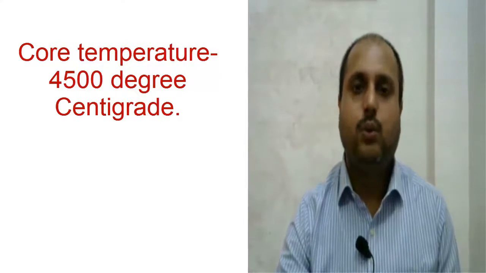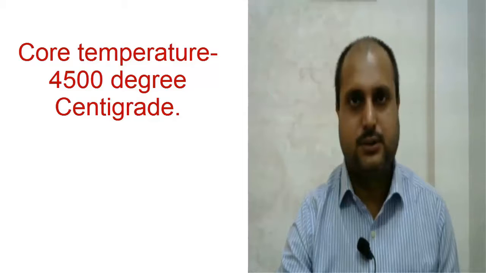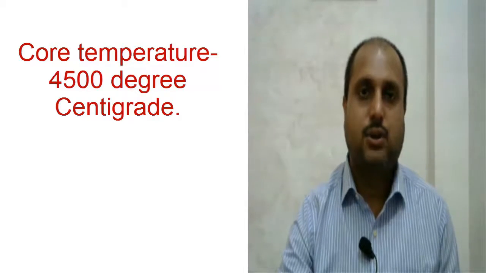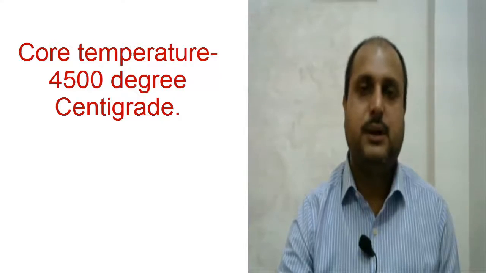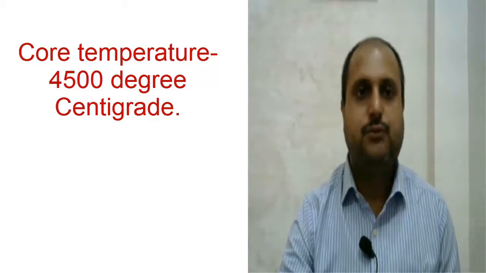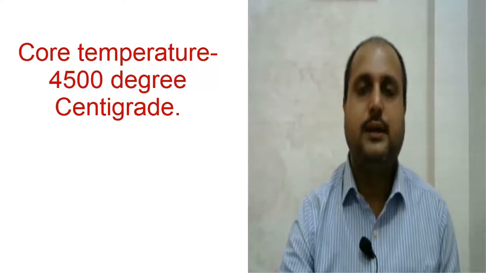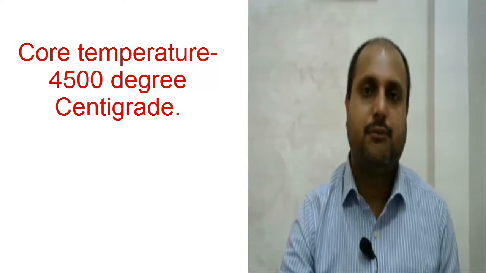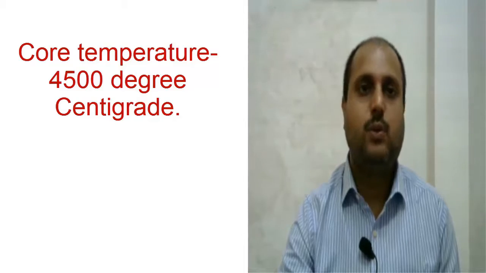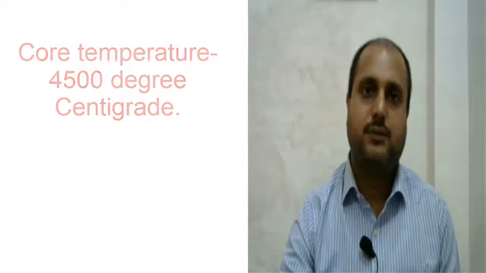Now, how do we know about the internal structure of the Earth? We have already discussed that there are three layers, the core, mantle and the crust. But if we cannot enter the Earth, how do we know about it? We know about it through seismic waves. Whenever an earthquake happens, the earthquake waves tell us about the internal structure of the Earth.